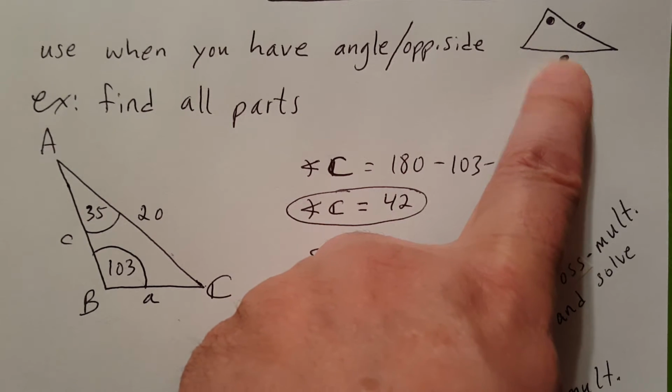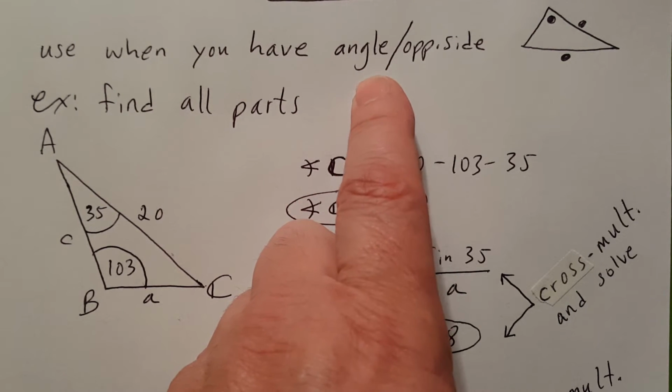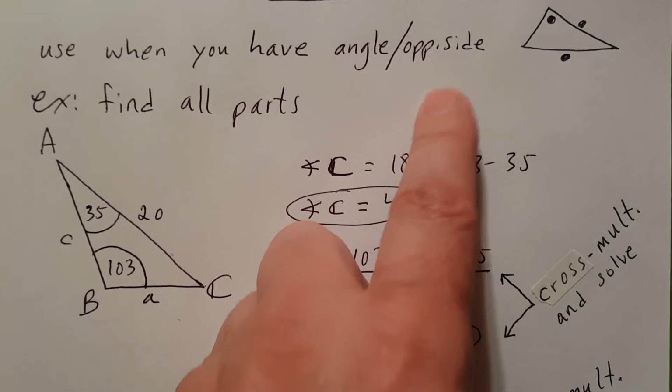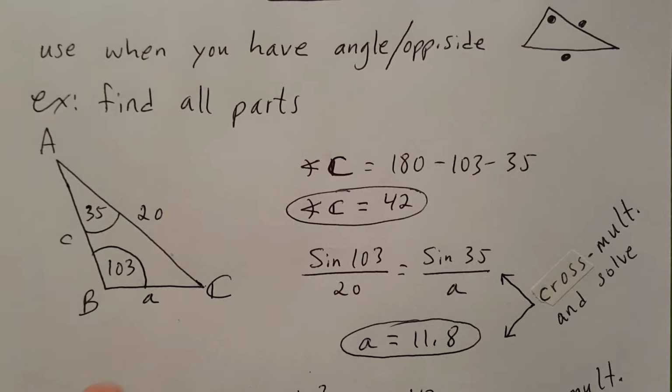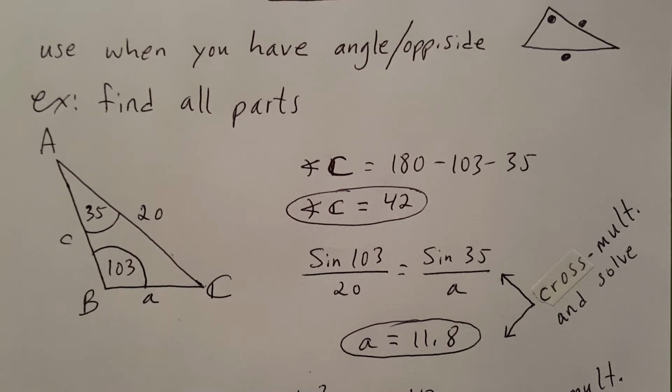You've got to have an angle and a side opposite. That's what I'm saying here. You use it if you have an angle and opposite side. Here's an example, and notice I do have an angle and a side opposite, so I can use the law of sines here.